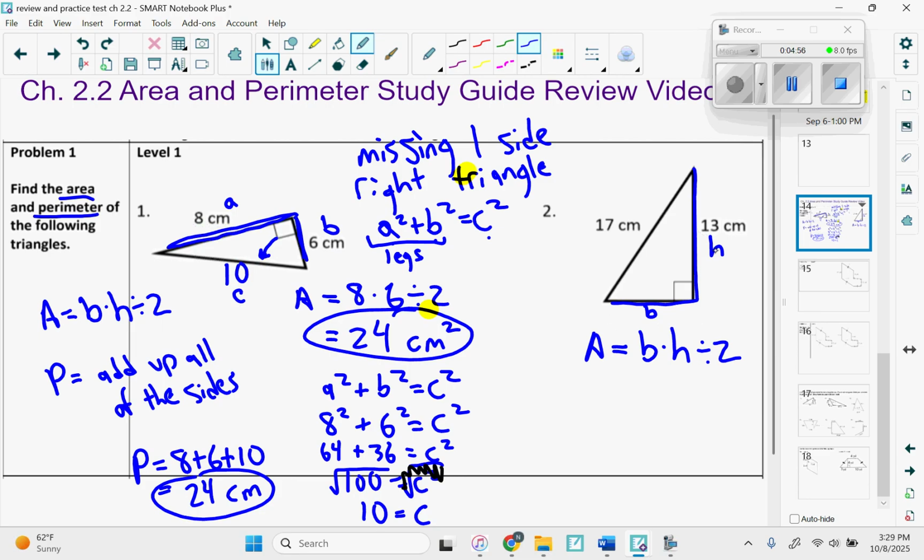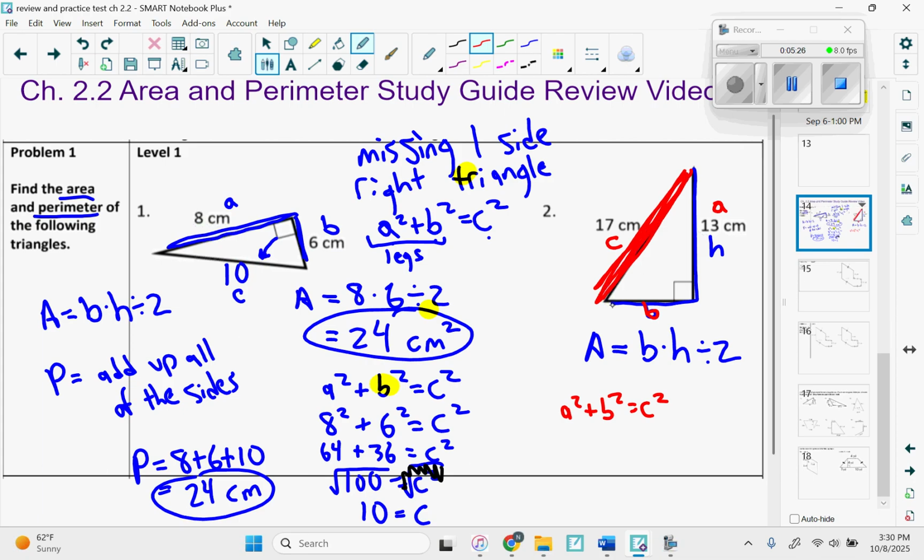Well, we have a right triangle again. So what we're going to do is we're going to do the Pythagorean theorem once again. So we're going to go a squared plus b squared equals c squared. Again, what I want to do is label my legs as a and b, and that makes this c. Hypotenuse, the longest side, is always c.